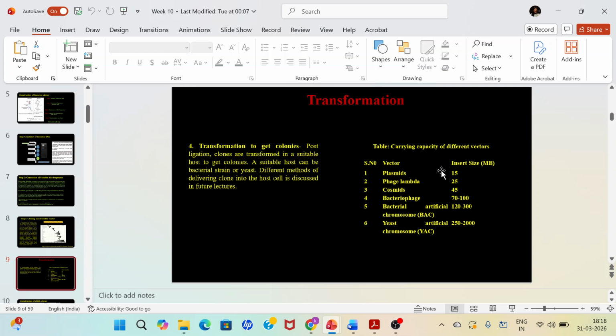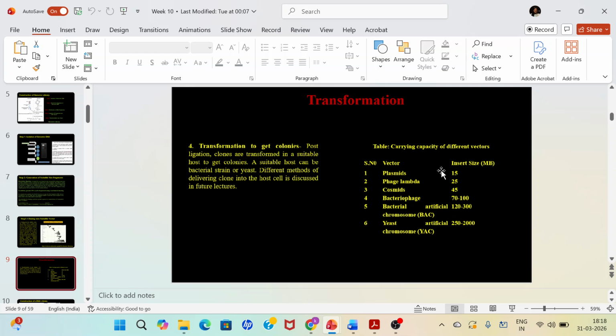So accordingly, post ligation clones are transformed into a suitable host to get the colonies. A suitable host can be a bacterial strain or yeast. Different methods of delivering clones into the host cell will be discussed in the future lectures. Okay.